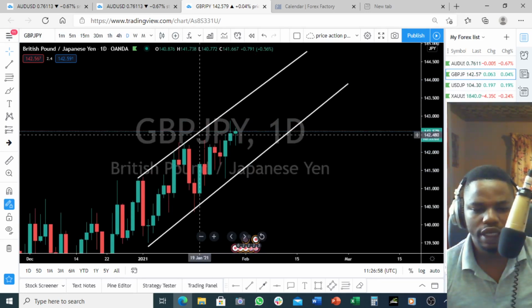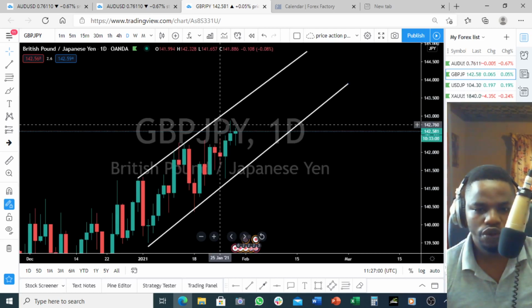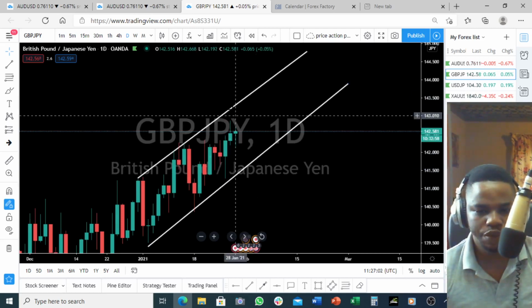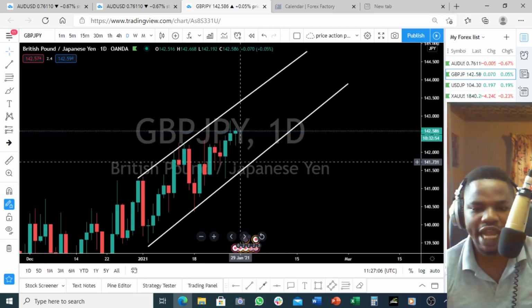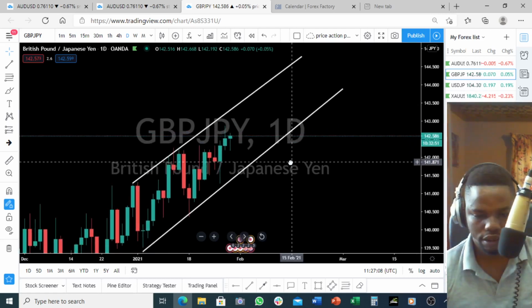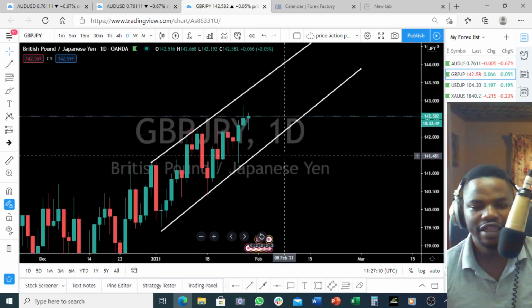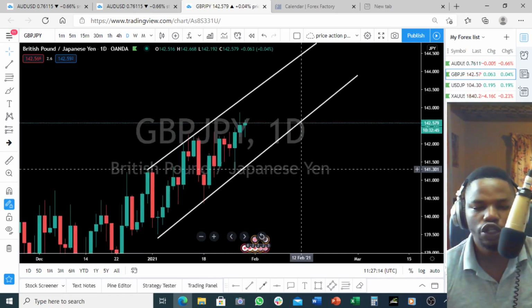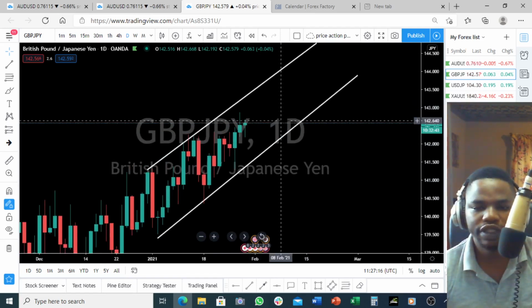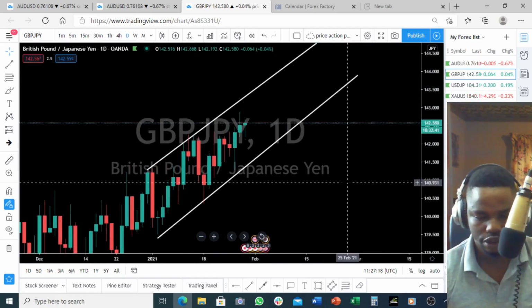Why are channels and wedges both reversal and continuation patterns? Somebody might tell you that, but might not explain why. Because this right here, it's a continuation pattern only if it continues in its direction.